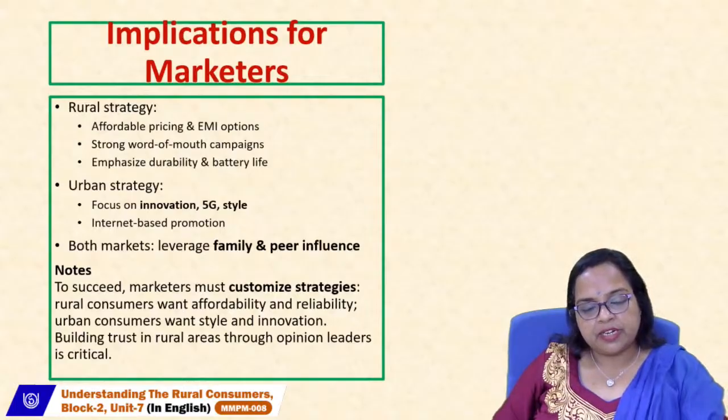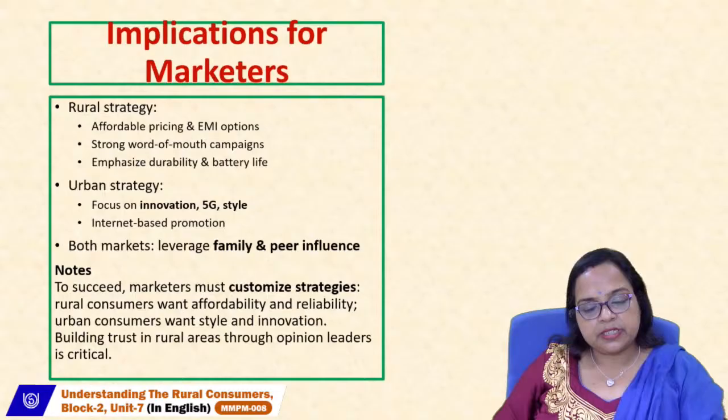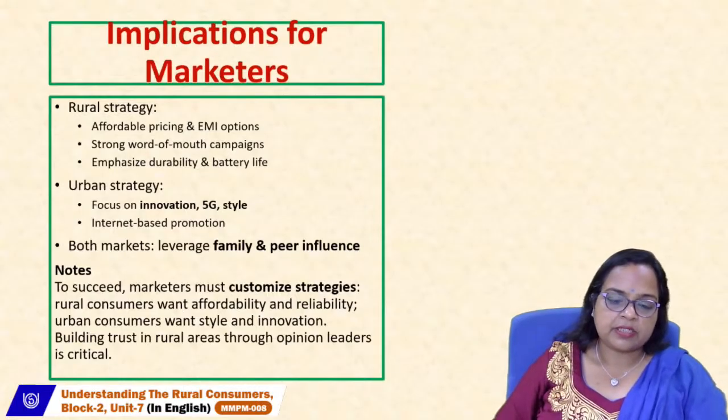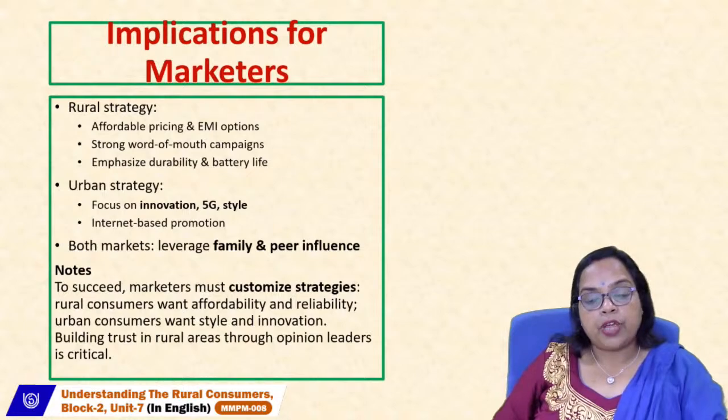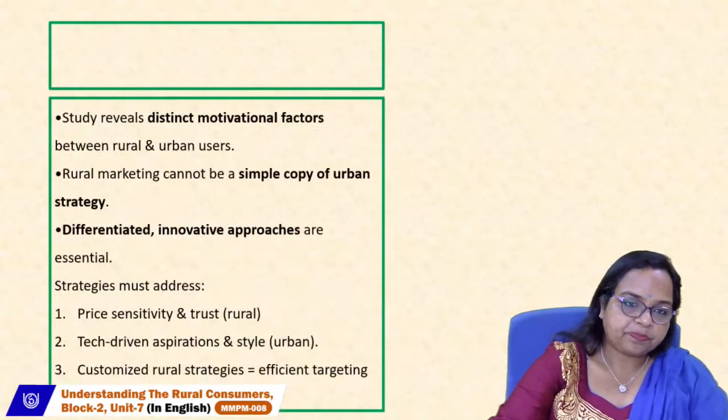So the final understanding is that to succeed, marketers must customize strategies. Rural consumers want affordability and reliability, while urban consumers want style and innovation. Building trust in rural areas through opinion leaders is critical, so marketers are going to consider these opinion leaders' feedback as a key factor while designing their marketing strategy.